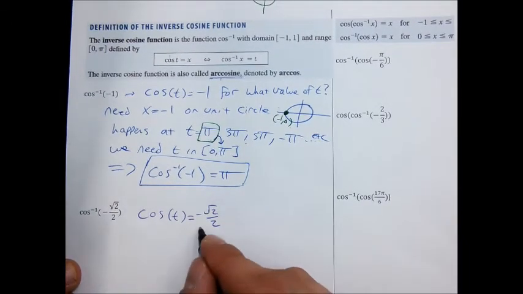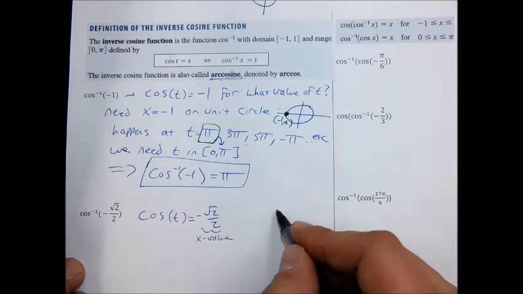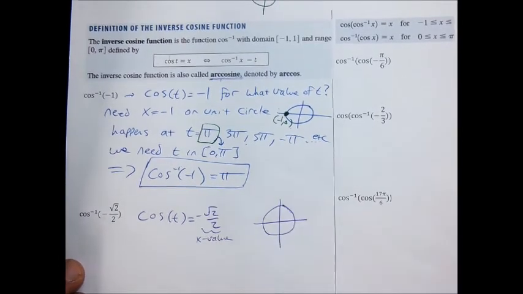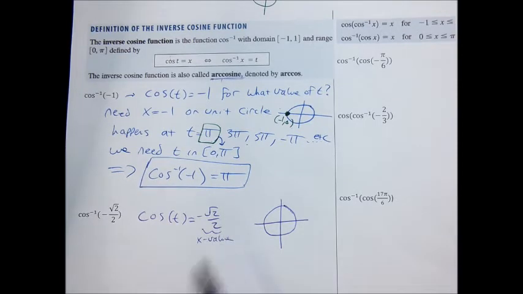Right? This is the x value on the unit circle. So you want to think about where that happens. Right, you want to think about where on the unit circle is that the x value, and then try to pick the one that's in the interval 0 to pi. Right, take a moment to think about that.